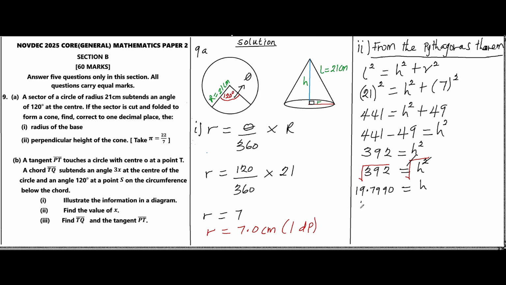So we have h as 19.7990. Remember, we were asked to correct our final answer to one decimal place. So to one decimal place, we have the perpendicular height as 19.8 centimeters.